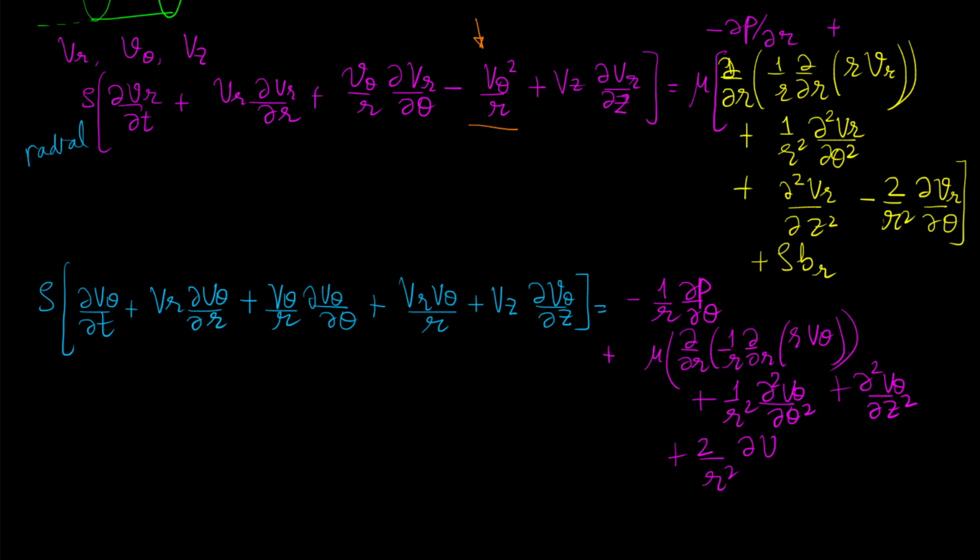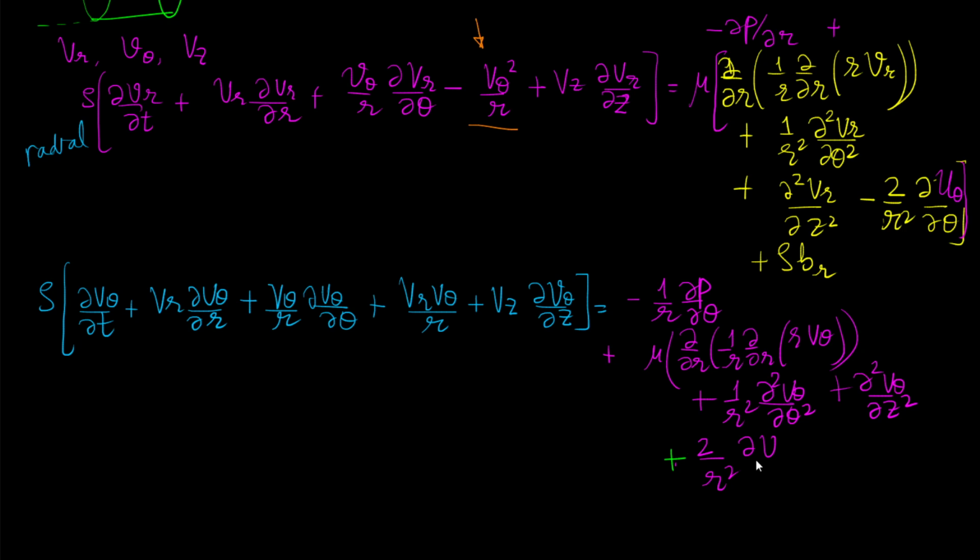Okay. So in this equation, this particular term should be del u phi rather than del u theta, while in this equation this will be minus, and this will be plus in fact.